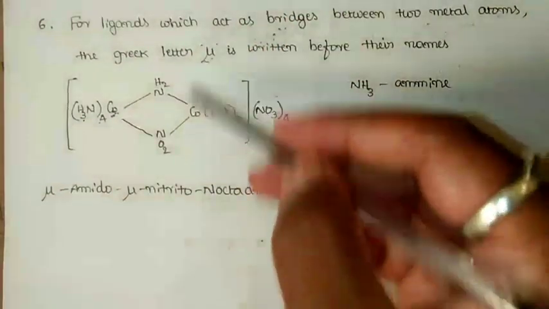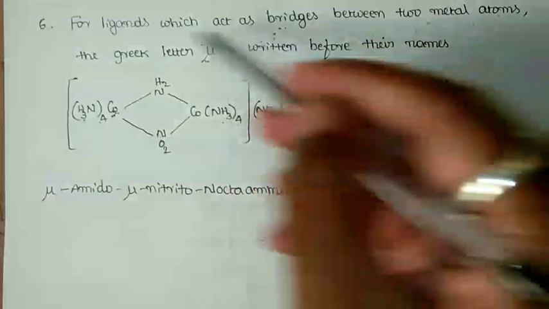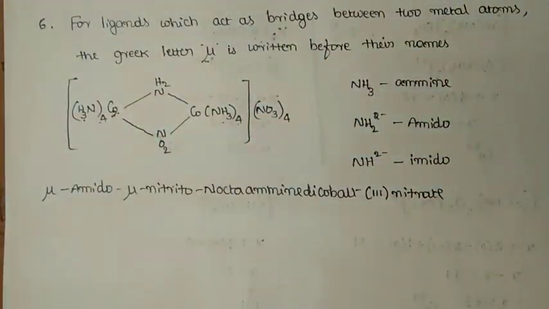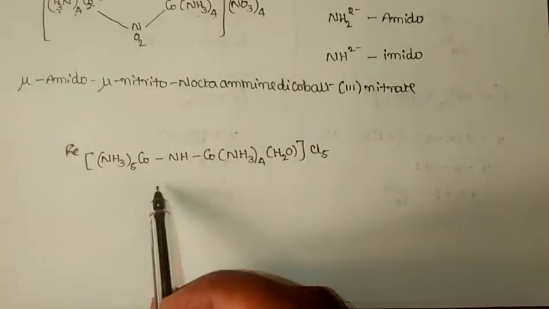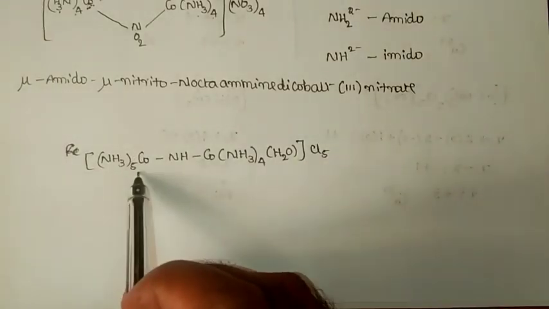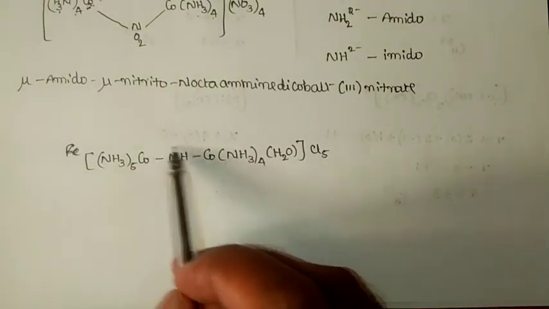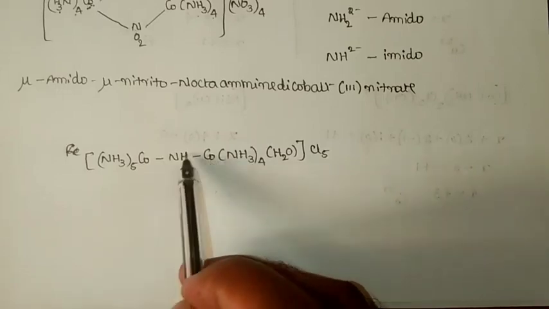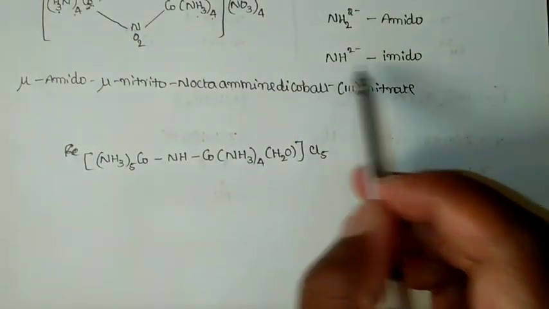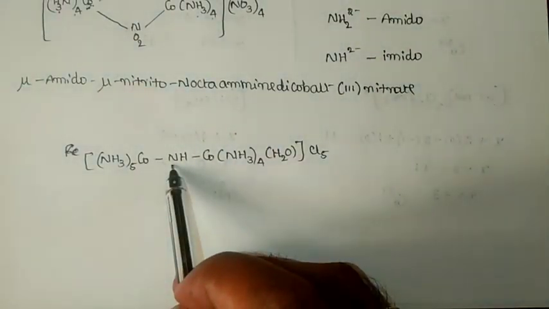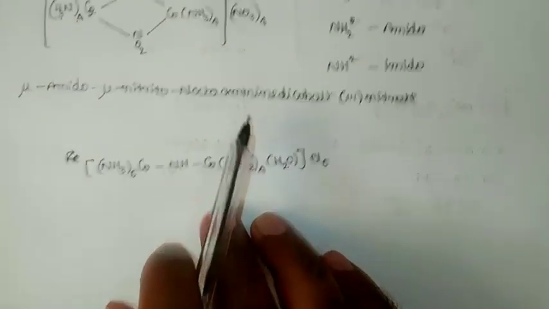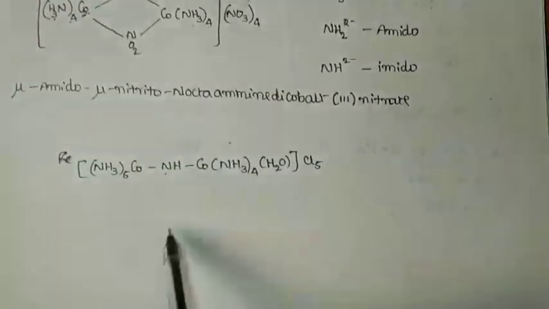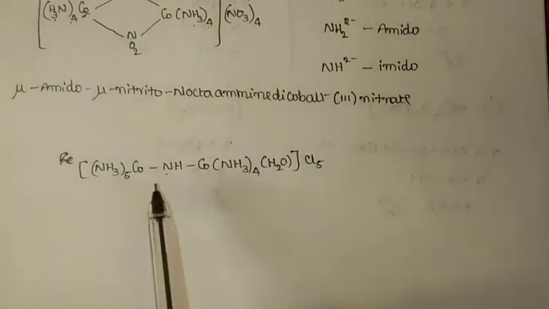We shall consider one more example for the complex compound consisting of bridged ligands. Here is the compound NH3 5 times cobalt, and between these 2 cobalt atoms this NH, that is imido, is acting as a bridge. In the above case we were having 2 bridging ligands, but here we have only one bridge, that is imido.